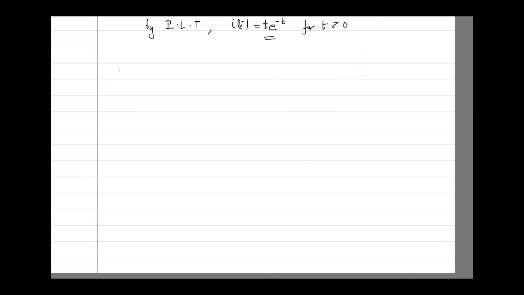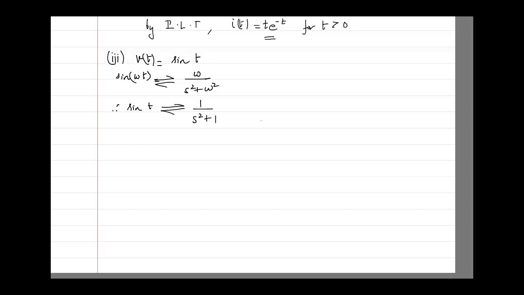So the third one is when v of t is equal to sine t, where if you remember sine omega t was written, if you take the Laplace transform, its Laplace transform was omega divided by s square plus omega square. Correct? So based on that, sine of t Laplace transform is going to be 1 divided by s square plus 1 square, which is 1.